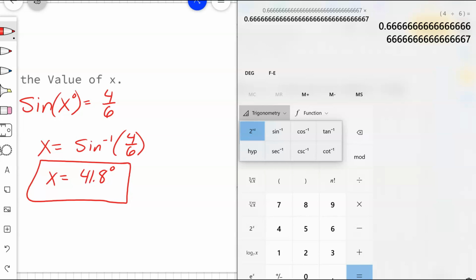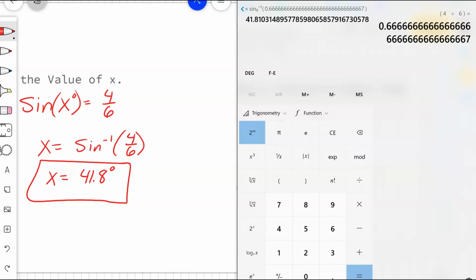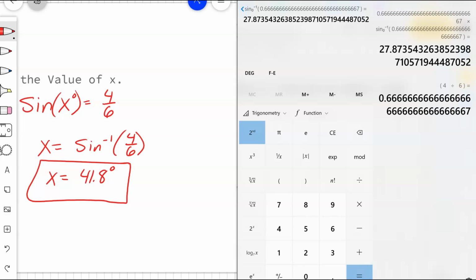Okay, but we need sine inverse, so I press the trigonometry button second, because at first it would show me sine, cosine, tangent, but if you press second, it'll show you that exponent of -1, and that's what we're looking for, that inverse sine. And then press the enter button. You will end up with 27, and I think I just messed up, because it just showed us 44 or 41, and that's what I wanted.